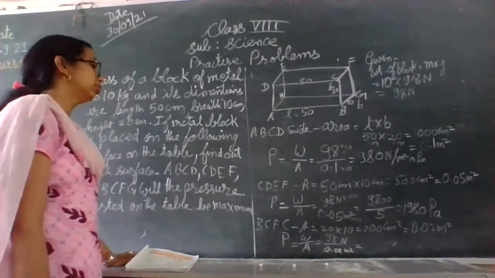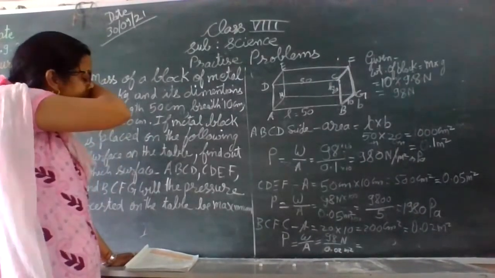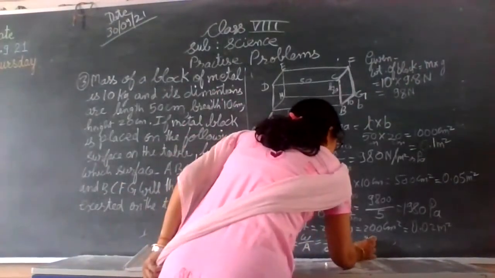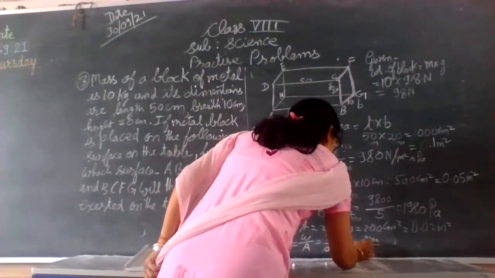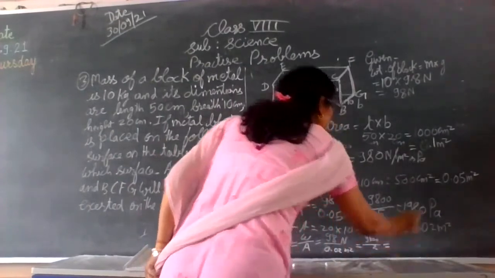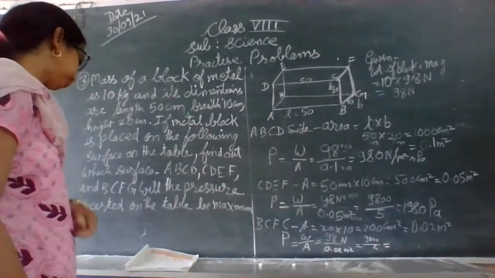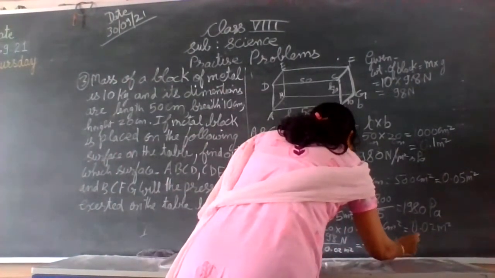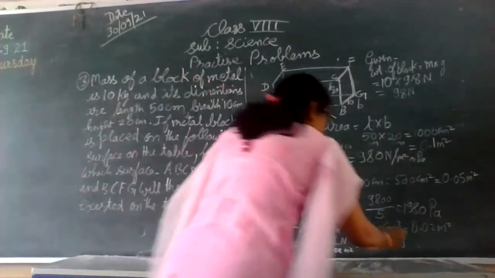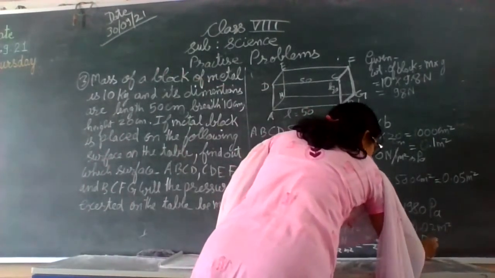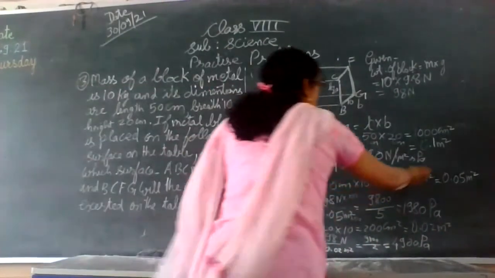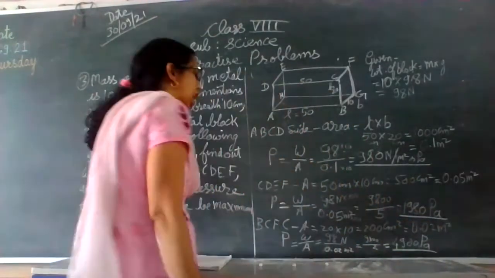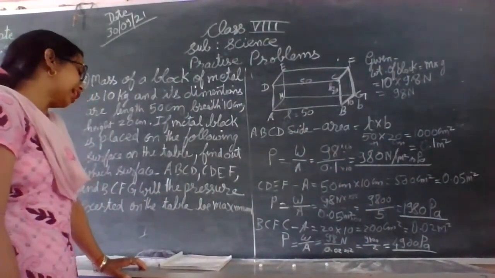Just remove the point by multiplying numerator and denominator both by 100 and you will get 9800 divided by 2. That will come up to 4,900 Pascal.